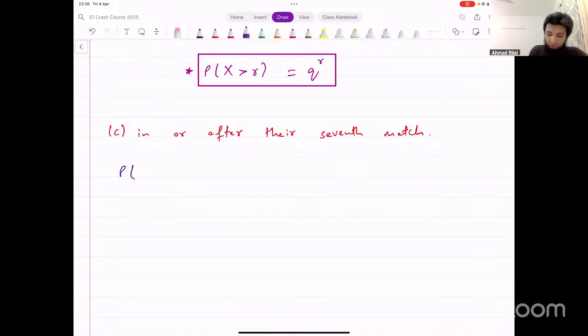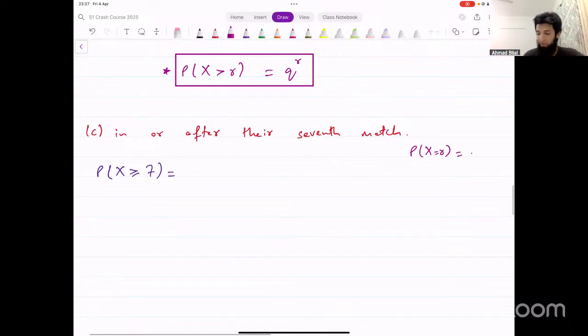We're looking for the probability of X, the first win, being either in the 7th match or after the 7th match, that's greater than or equal to 7. Okay, that's the probability that we're looking for. How do you find this now? What are the formulas that we have? One formula that we have is probability of X equals r, that is given by q raised to power r minus 1 times p.